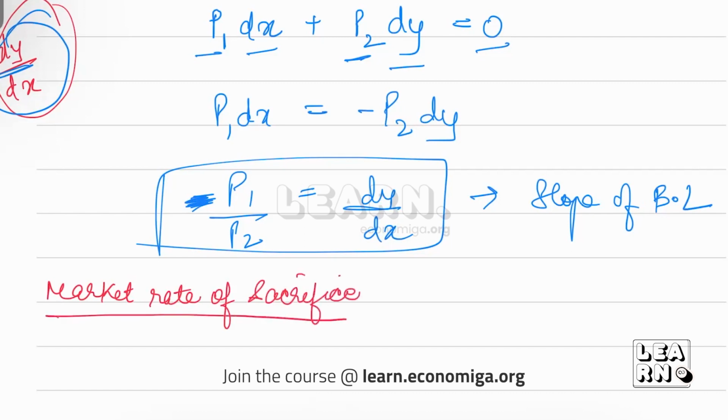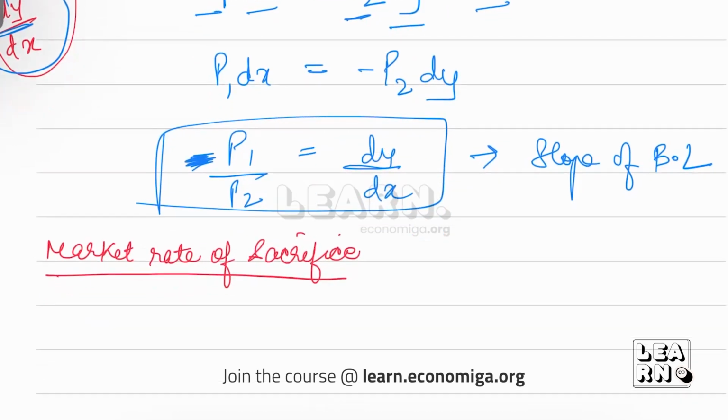As I've just told you, it's downward sloping because the consumer has to give up some units of one good, we don't know how many, in order to obtain more of the other good because his money income is limited. But at what rate? How many units of each good need to be sacrificed? That is given by the market rate of sacrifice, or the slope of the budget line.